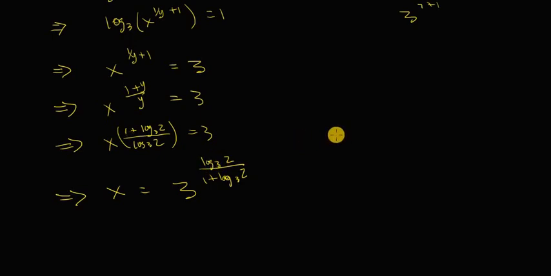Just to explain this, imagine I had x to the power of 3 is equal to, say, 81. Well, then x is equal to 81 to the power of a third.